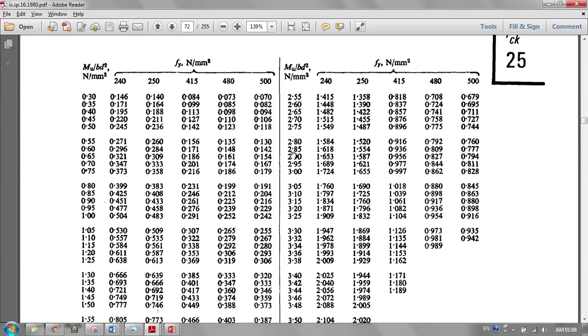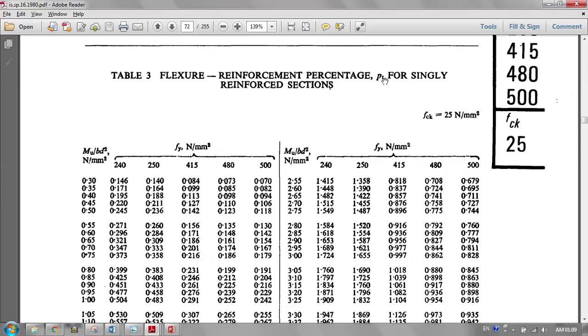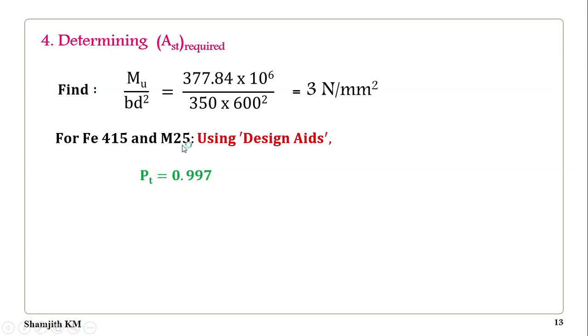Here Mu by bd square is 3, and going to the intersection of Fe415 and Mu by bd square 3, we will be getting a value 0.997. These are all the values of pt, reinforcement percentage. So we will be getting pt as 0.997.